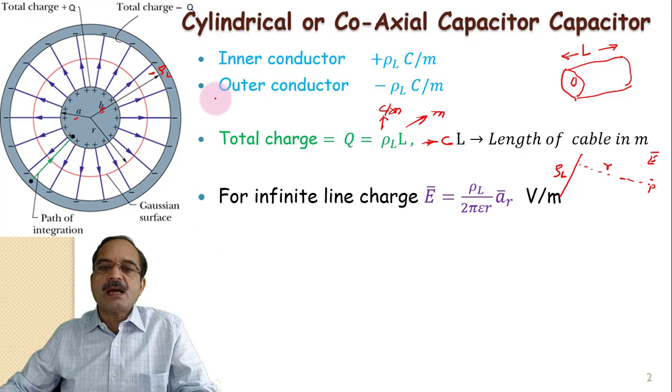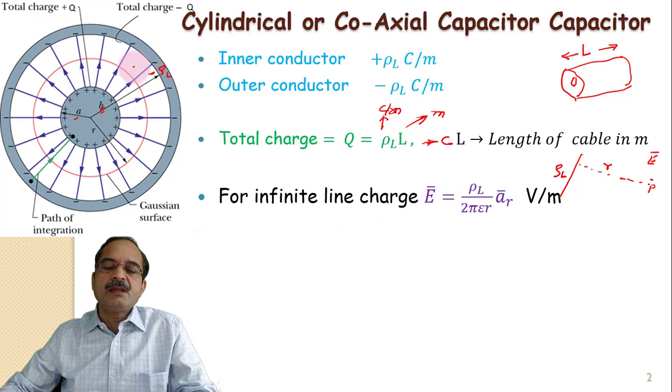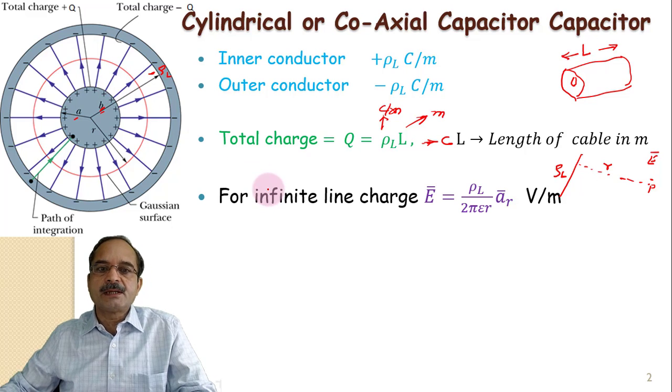At a sufficiently large distance r, this coaxial cable or the cylindrical capacitor can be considered as a line charge. So based on this formula for E in terms of rho L, we will find out the potential between these two conductors of this cylindrical capacitor, and we will find out the capacitance C.